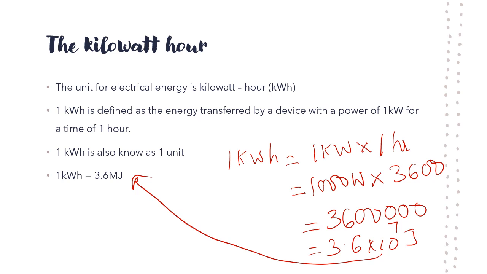So we have linked them together. 1 kilowatt hour is 1 kilowatt times 1 hour. We converted kilowatts into watts, we converted hour into seconds, and we end up having 1 kilowatt hour equals 3.6 megajoules. I hope that is clear to all of you.